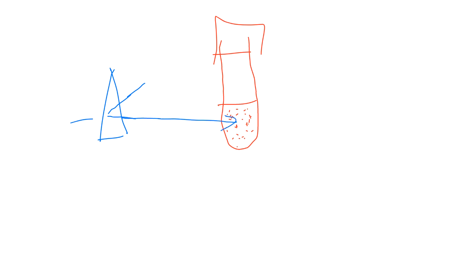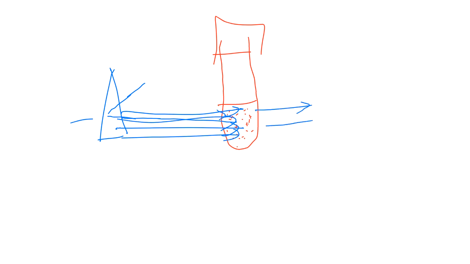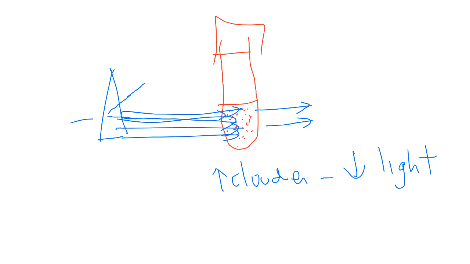Let's say you're going to shine light on your bacteria. You can measure two things. You know how much light you're shining on the bacteria, and then you can measure how much light you collect at the other end. The cloudier the bacteria, the less light will be transmitted at the other end. Hopefully that makes sense.